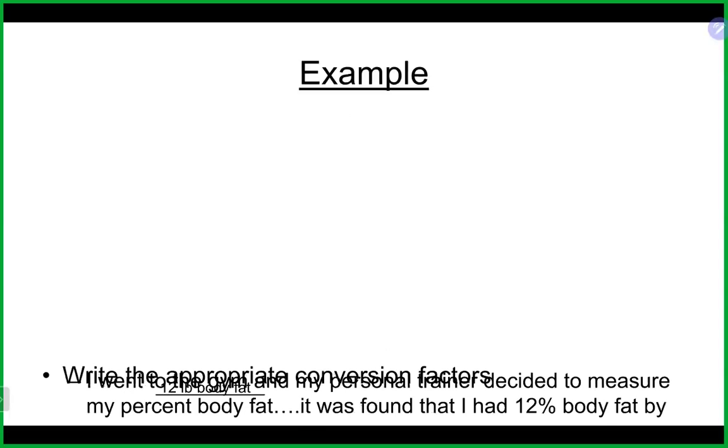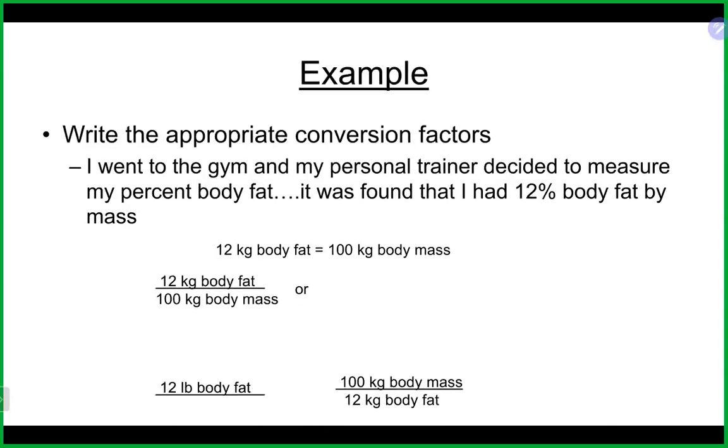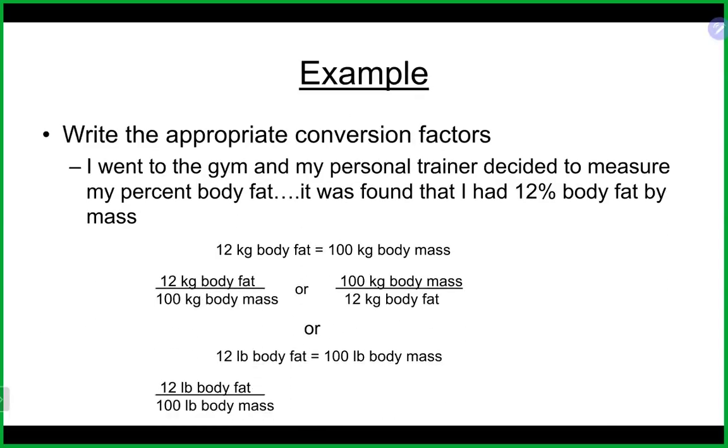Now, another really common thing that we come across in chemistry that we oftentimes need to turn into conversion factors are percentages. So a lot of times we have something and we want to turn that into a usable conversion factor. And the easiest way to turn a percentage into a usable conversion factor is a lot of times to assume that you have 100 of it. Like if you got a 90% on the exam, you probably got 90 points out of 100, right? So it's the same number.